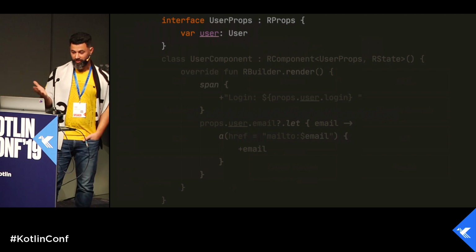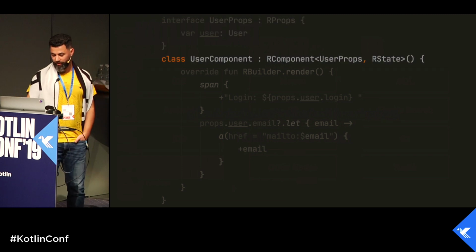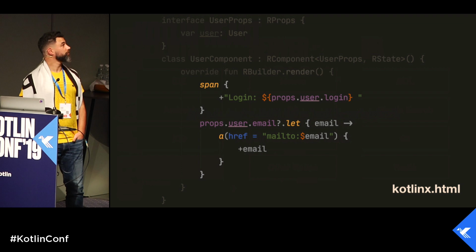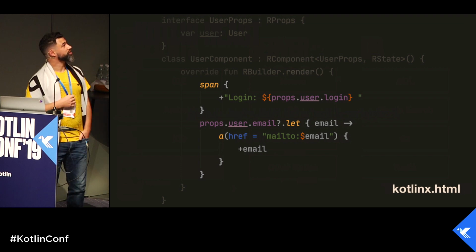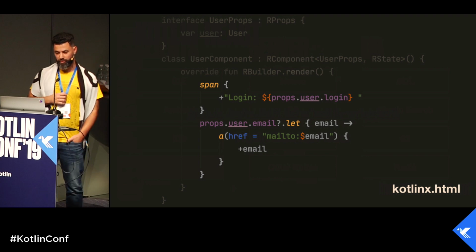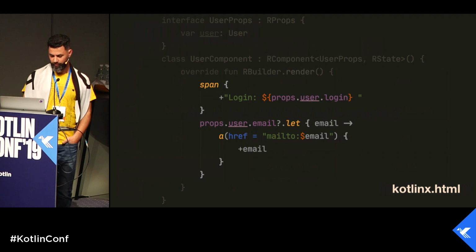So having it strictly typed is nice. You inherit from RComponent, and then you write the body of your component in Kotlin HTML. Kotlin HTML is a Kotlin common library, so you can use it on different platforms, and we'll get back to it a bit later.